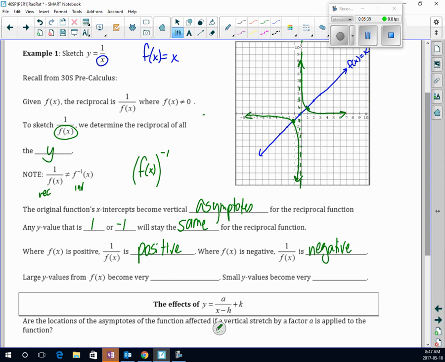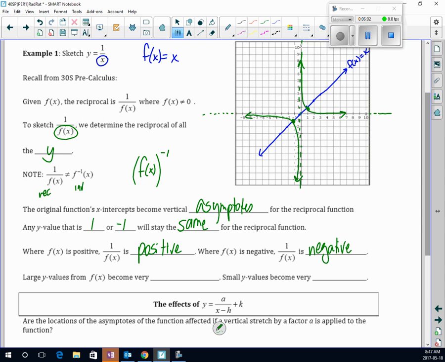And then because we can go as close to 0 as possible, we're going to have to indicate that at the far left, we have a horizontal asymptote, and at the far right, we have a horizontal asymptote. Remember that horizontal asymptotes don't necessarily go through the whole entire graph. This is just end behavior. It's approaching 0 at the far left, and it's approaching 0 at the far right.